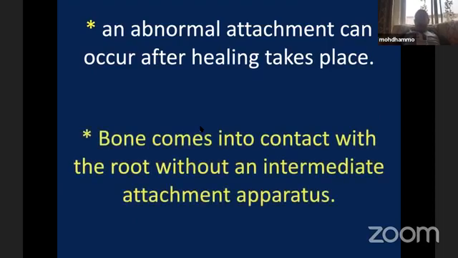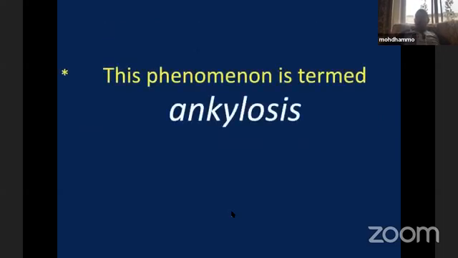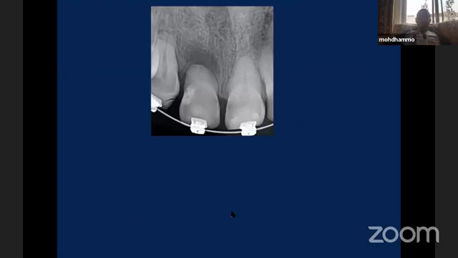So the bone will come in contact with the roots without an intermediate attachment apparatus, because the periodontal ligaments were removed. So the contact between bone and the root surface immediately will occur. This phenomenon is termed ankylosis. So now the root is bound directly with the bone.